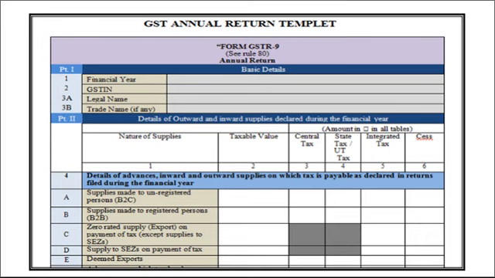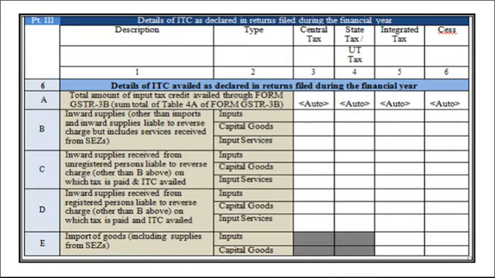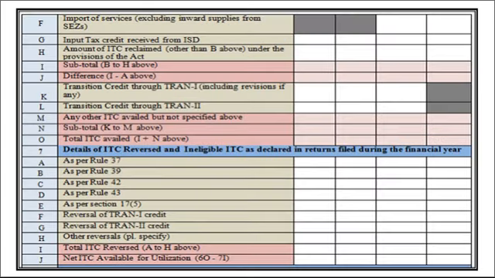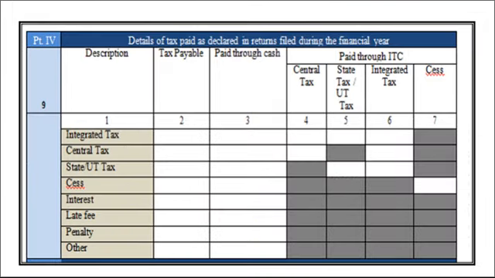For your better understanding, I am presenting the format GSTR 9 here. Have a glance. You can download it through the GST website. Just for a basic idea, I am presenting the original format of GSTR 9. A lot of details are required to be submitted in GSTR filing.